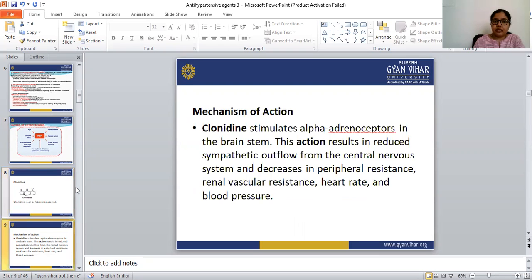Let's see the mechanism of action. Clonidine stimulates the alpha adrenoreceptors in the brain stem.